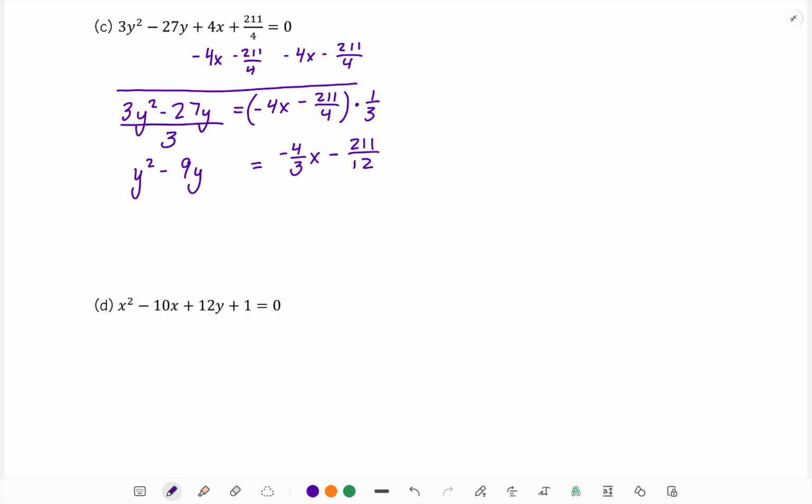There we go. Next, you want to add 1/2 of b squared. So 1/2 times negative 9 squared, negative 9/2 squared, 81/4. So we're going to add 81/4.